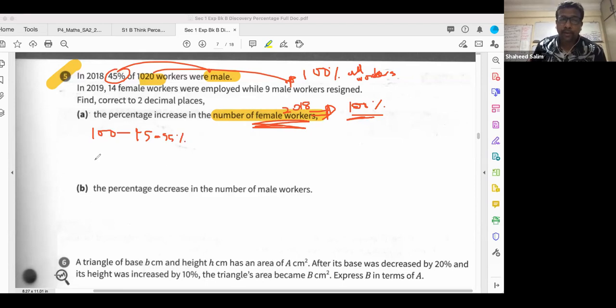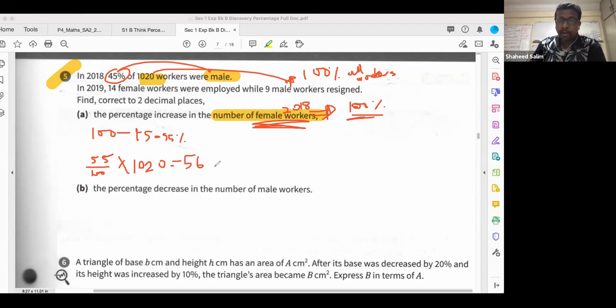So now how to find the female workers in 2018? Take 55 over 100 times 1020. Hold on. Now what do we get? 1020 times 0.55 is 561.